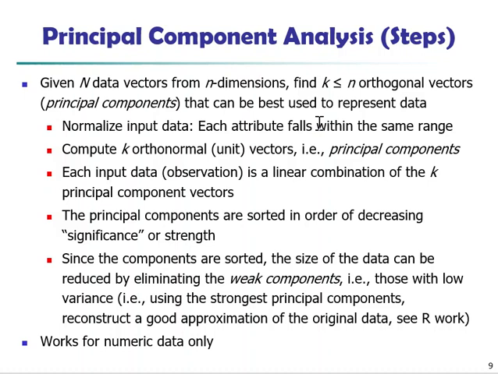Okay. And then the next step is to find the eigenvectors. Those will be k, where k is our target dimensions that we want to get to. In typical principal component analysis, k would be less than or, most times, equal to n. We find all those vectors and then sort those vectors based on their loading.